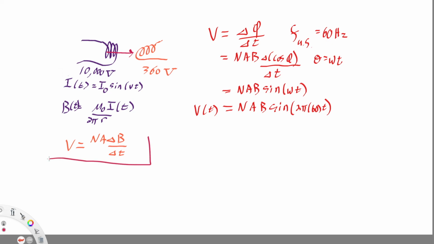Right. All of this above the pink line is just background, because the payoff is that the product of voltage and turns is the same.